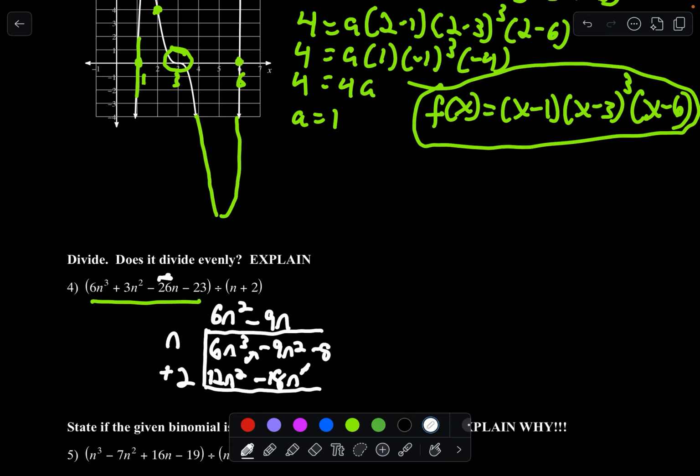That would be negative 8n. So this will be negative 8 times n, that gives you the negative 8n, and negative 8n plus negative 18n gives you negative 26, which works. And then finally, negative 8 times 2 is negative 16.